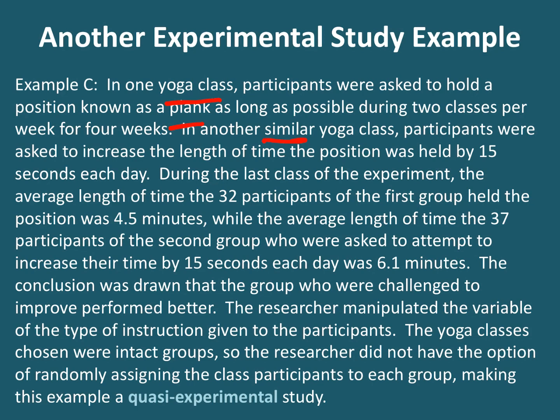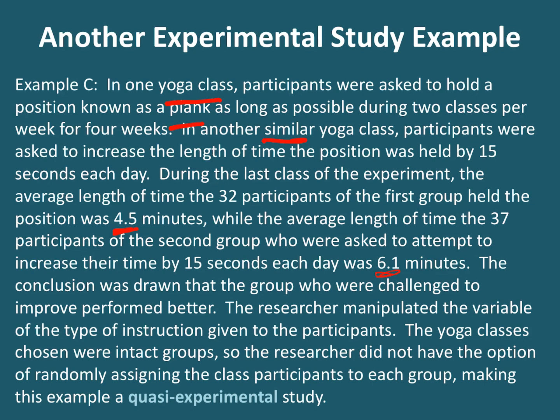During the last class of the experiment, the average length of time the 32 participants of the first group held the position was 4.5 minutes, while the average length of time the 37 participants of the second group, who were asked to increase their time by 15 seconds each day, was 6.1 minutes. So the first group resulted in 4.5 minutes, the second group resulted in 6.1 minutes.